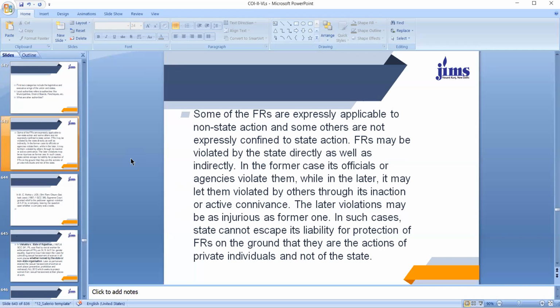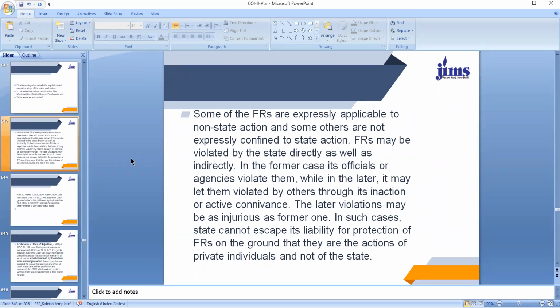And why this distinction is important, I'm emphasizing again, is that some of the fundamental rights are expressly applicable to non-state action and some others are not expressly confined to state action. So fundamental rights may be violated by the state directly as well as indirectly.